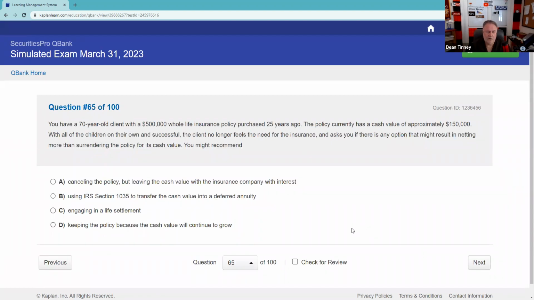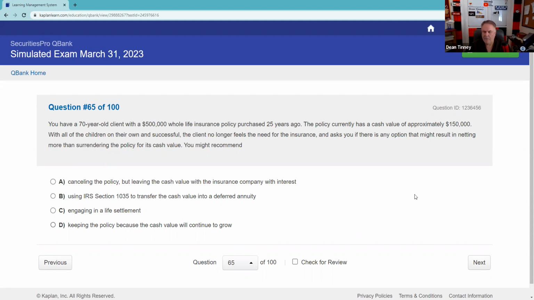You have a 70-year-old client with a $500,000 whole life insurance policy purchased 25 years ago. The policy currently has a cash value of approximately $150,000. With all the children on their own and successful, the client no longer feels the need for the insurance and asks you if there's any option that might result in netting more than surrendering the policy for its cash value.